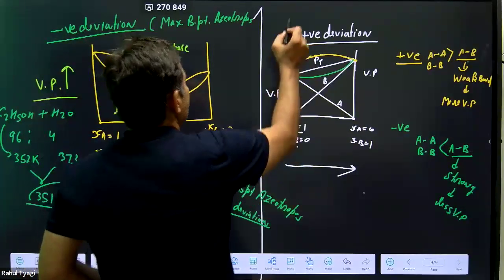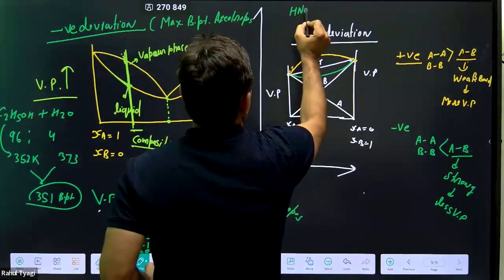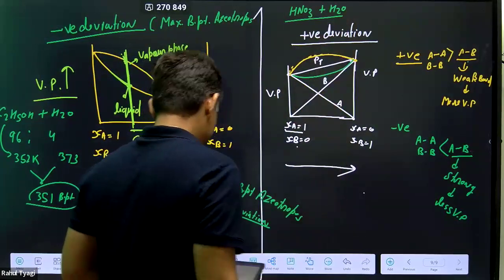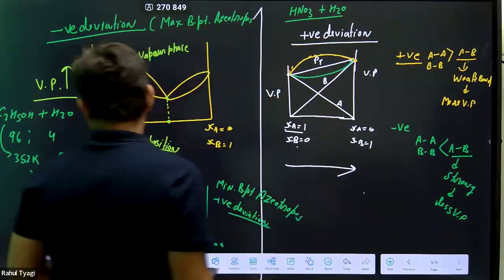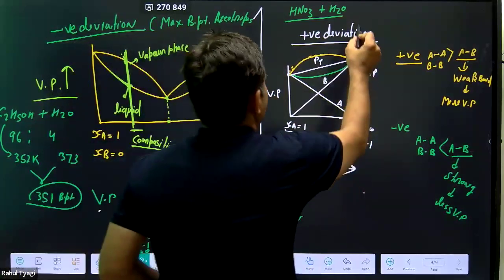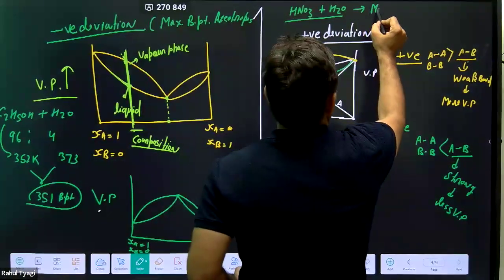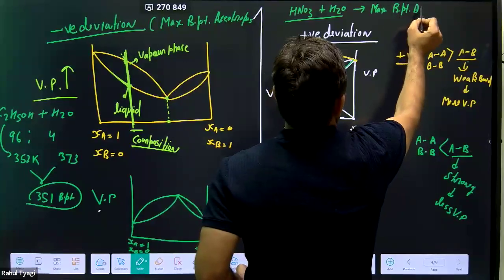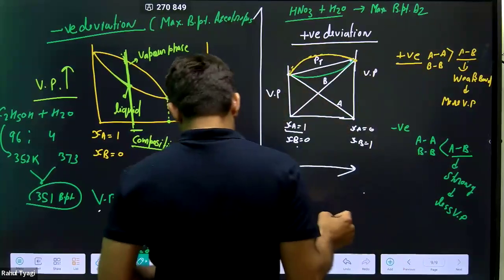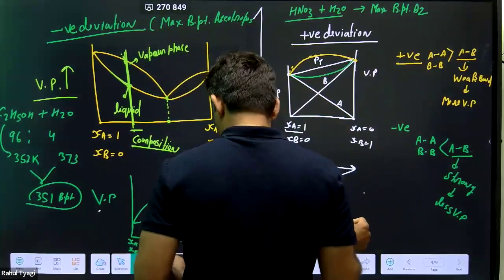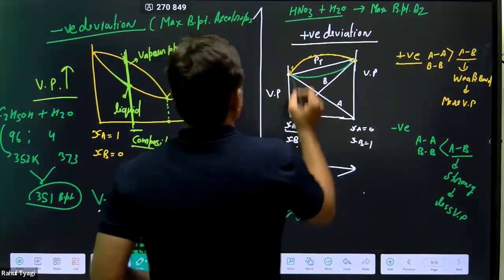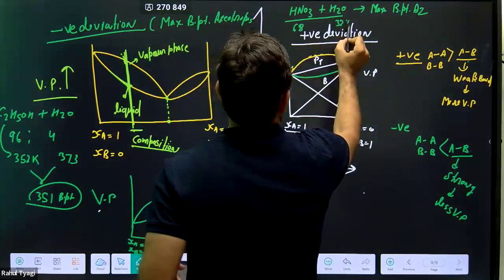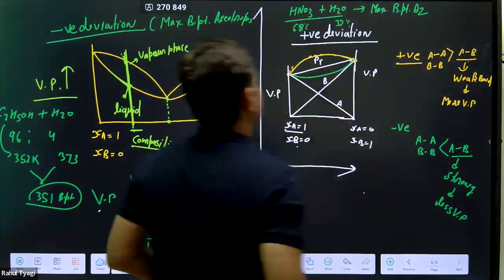And one more example, HNO3 plus H2O, they form the maximum boiling point azeotrope. I think it's 68% HNO3 and 32% water.